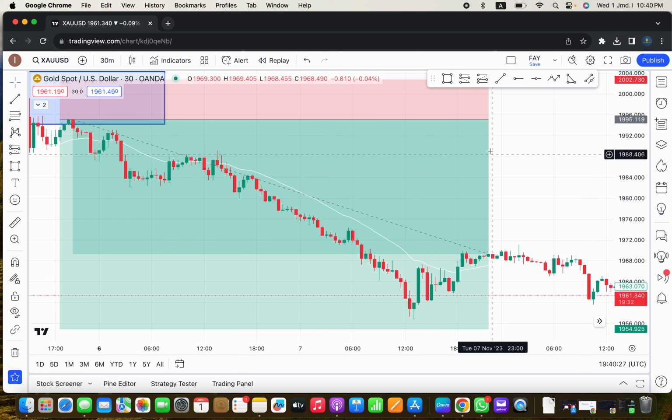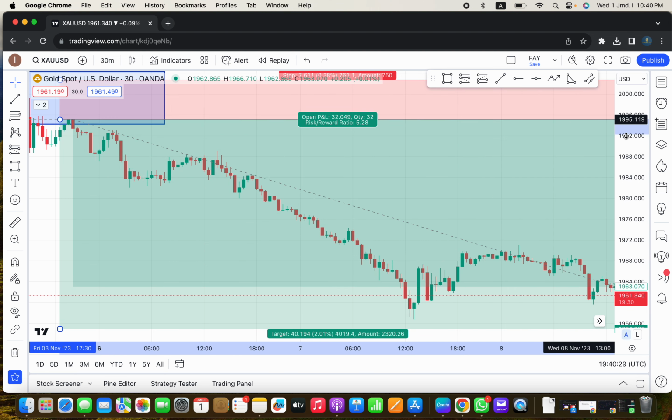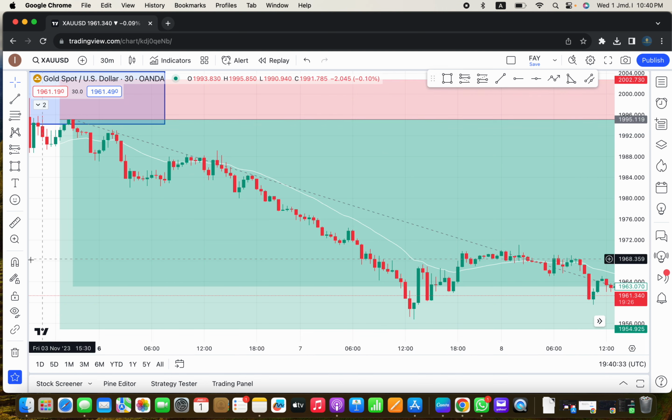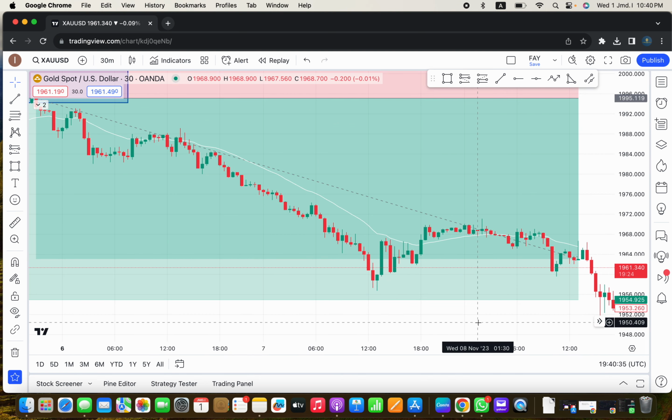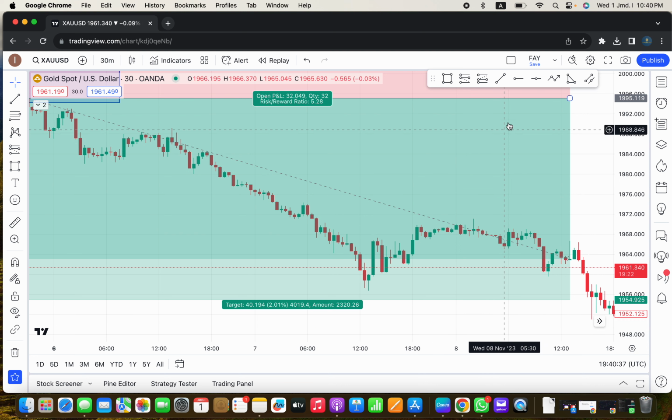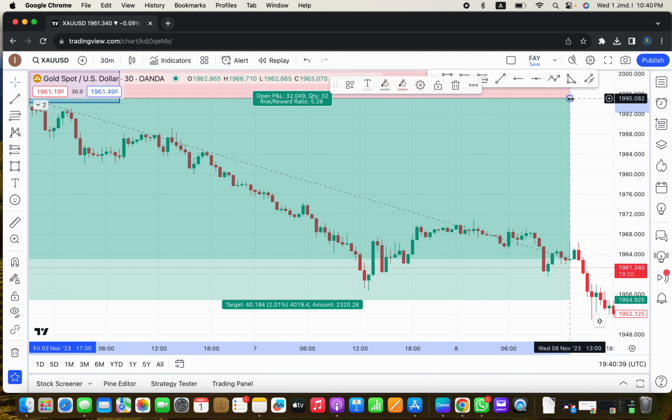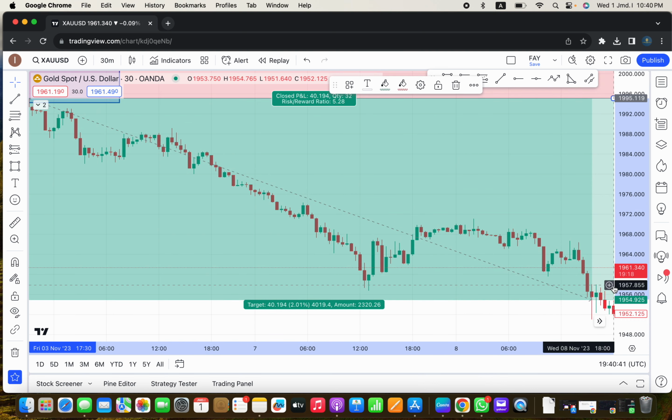It didn't touch it here, it was close. And eventually it hits our take profit here. So this is the power of the engulfing candle.